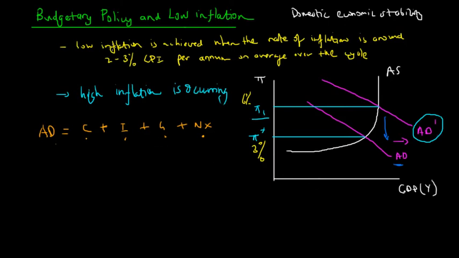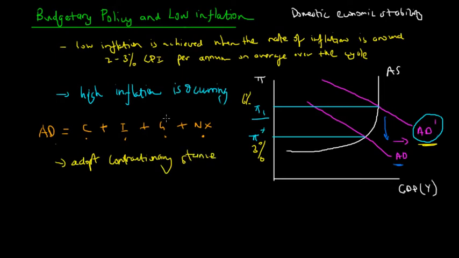Okay, so we know that with government budgetary policy, when there is an economic upswing, when aggregate demand is excessively high, they're going to adopt a contractionary stance.